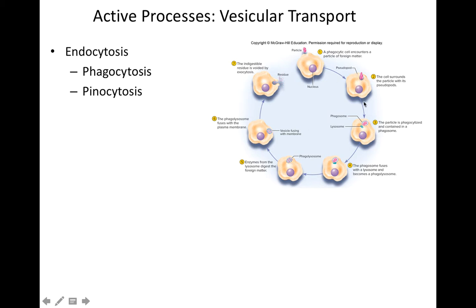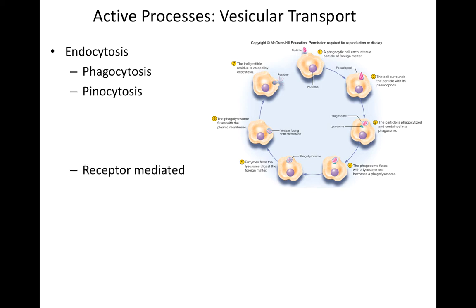Every single step requires ATP. So the formation of the vesicle, the movement of this vesicle from the plasma membrane to the lysosome, every single step requires ATP, which is why this is technically an active transport. It doesn't have to do with gradients so much anymore. It has to do with the fact that it requires ATP.